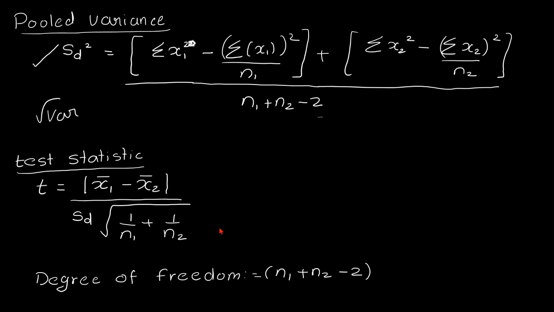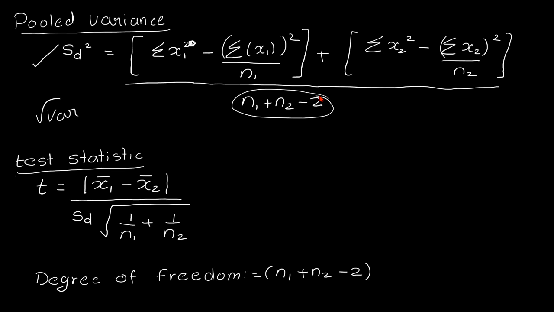The degree of freedom is n1 plus n2 minus 2. You will look for the degree of freedom and then compare the values from the table as we did for the earlier examples.